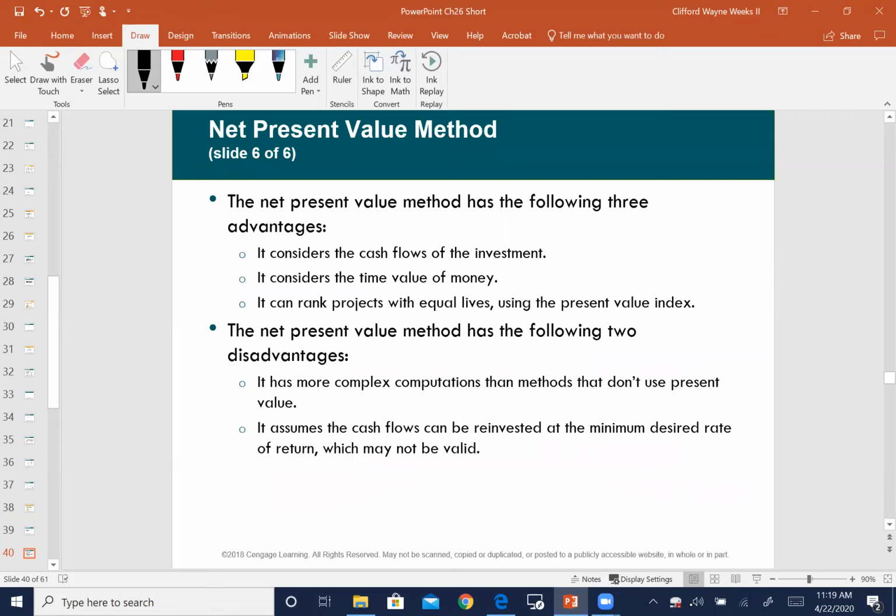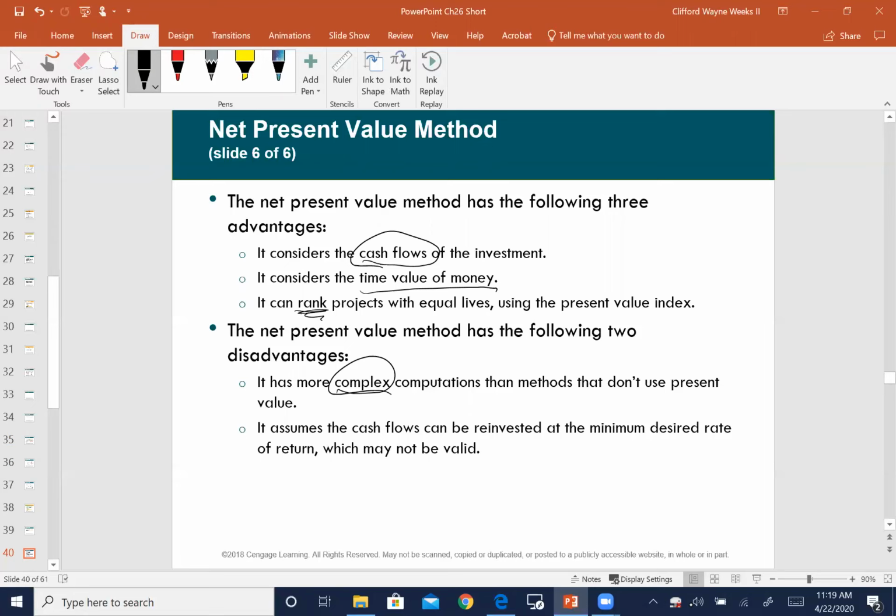So the advantages: it considers the cash flows, so we're looking at cash flows, not income. It takes into account the time value of money. And it can rank projects of equal lives using the present value index. Negatives: it's complex, and it assumes that the cash flows can be reinvested at the minimum desired rate of return.